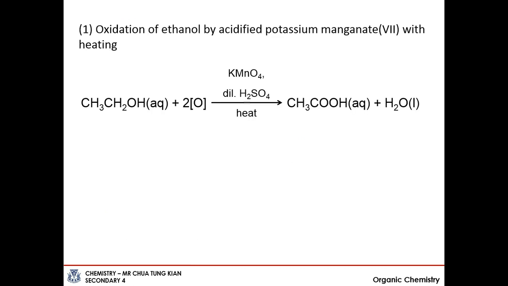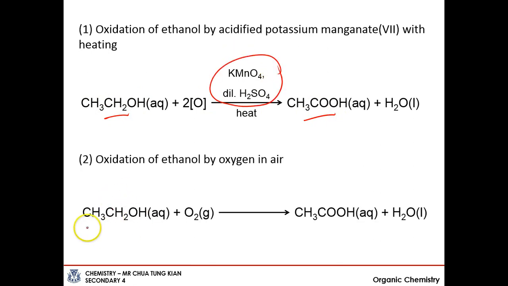So first one, oxidation of alcohol to acid using my oxidizing agent. Second one is fermentation. Oh, sorry, not fermentation. This is oxidation as well. So the ethanol could be produced from fermentation, oxidized by oxygen in air to give me ethanoic acid. This is a slow reaction. This is a fast reaction.